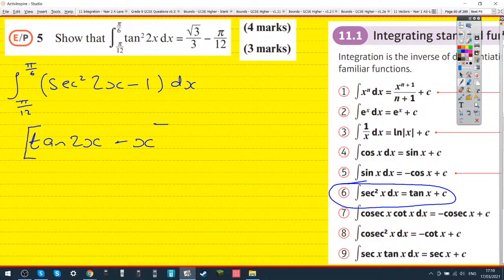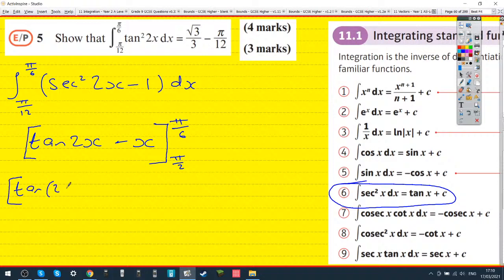Don't know. Alright. Okay, yeah, so now we would sub in pi over 6 for x and then minus the sub in of pi over 2. Yep.